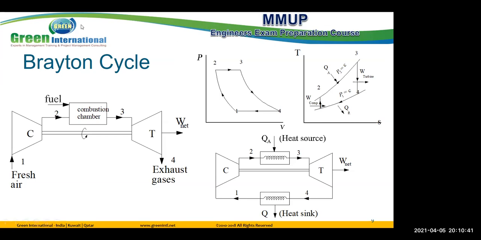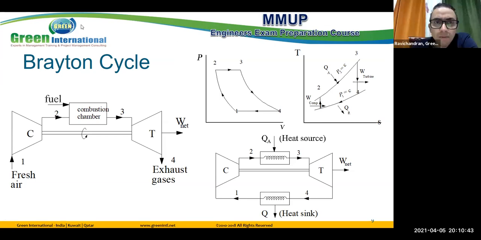Let's describe this Brayton cycle. As I told you, a regular cycle has 4 elements, but here the real one for gas turbine application has only 3 elements, and this is an open cycle. But I'm first going to describe the closed cycle here: compressor, heat source, heat sink, and turbine.